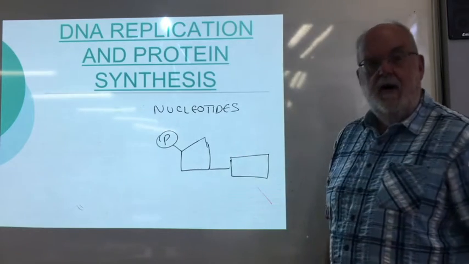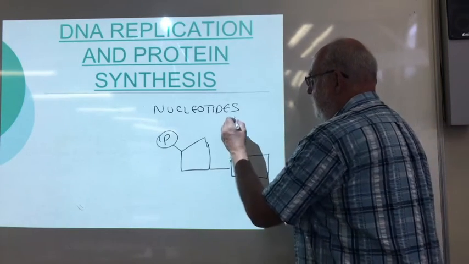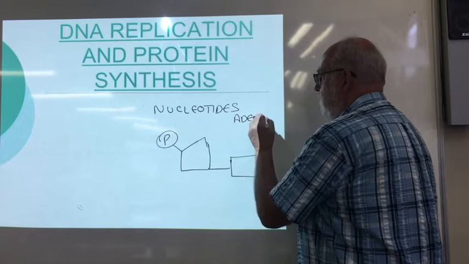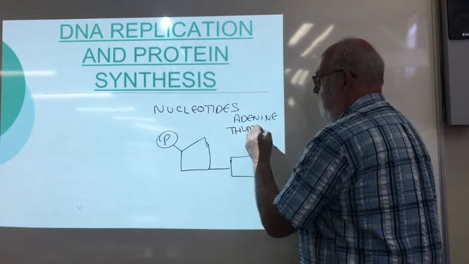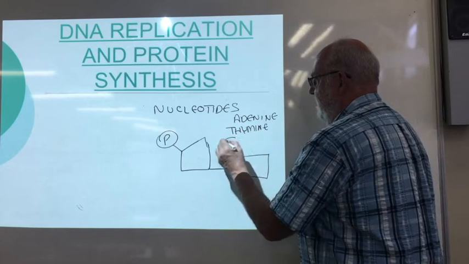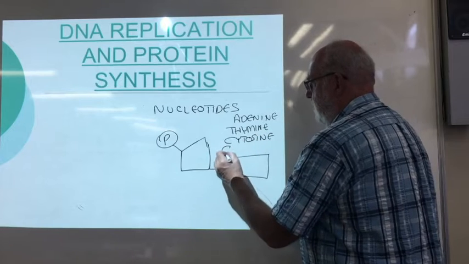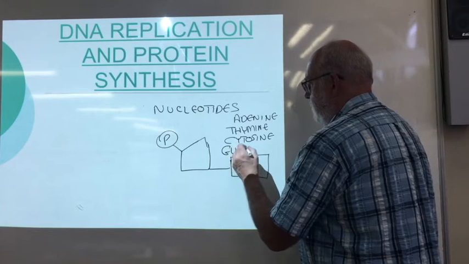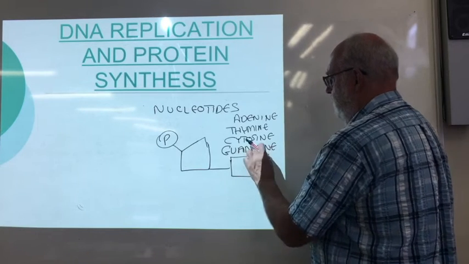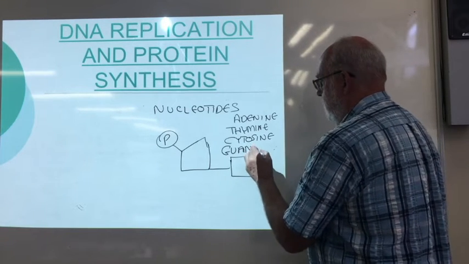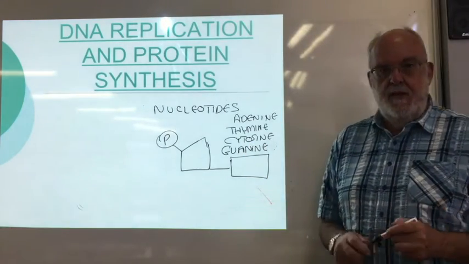And the bases are one of 4 different things: adenine, thymine, cytosine, or guanine. We'll come on to the differences between those in a minute.